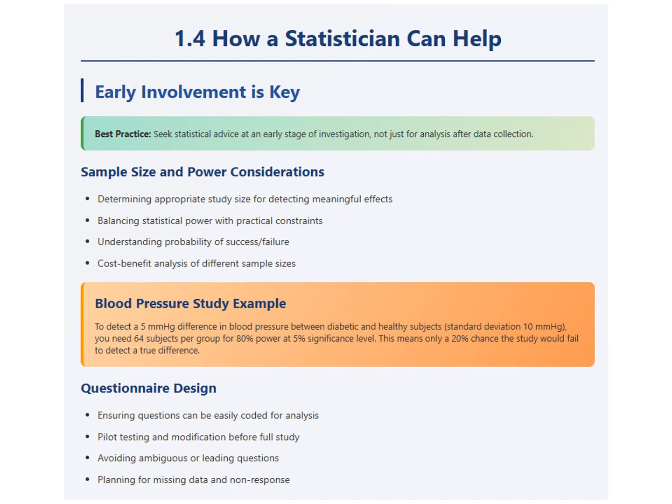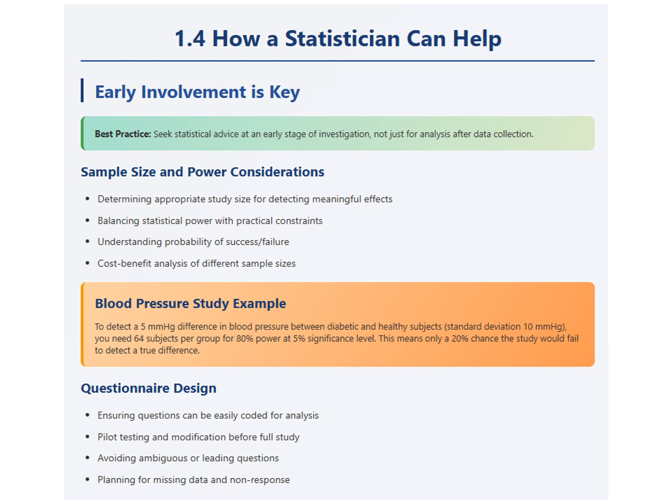Suppose you want to study whether diabetic patients have a higher blood pressure than healthy subjects. You suspect there might be a 5 millimeter of mercury difference, and you know from previous research that the standard deviation is about 10. How many subjects do you need to detect this difference?